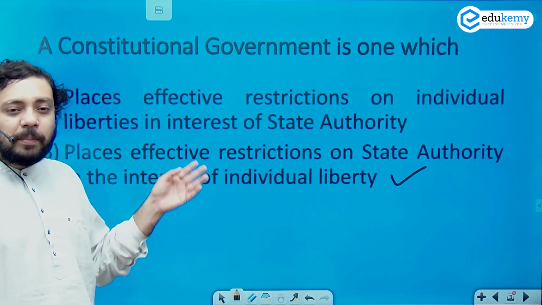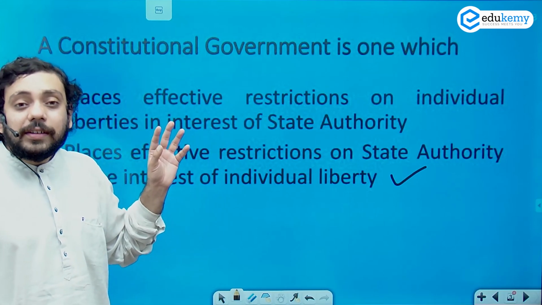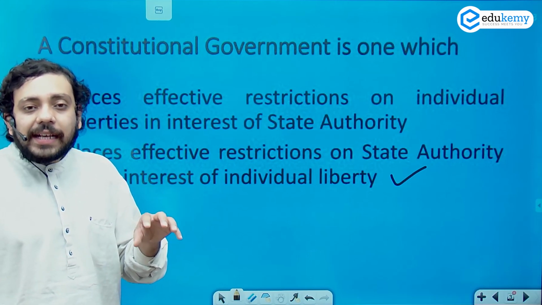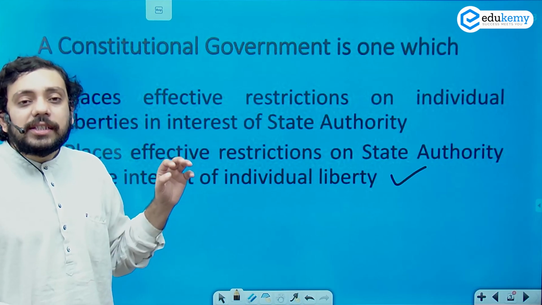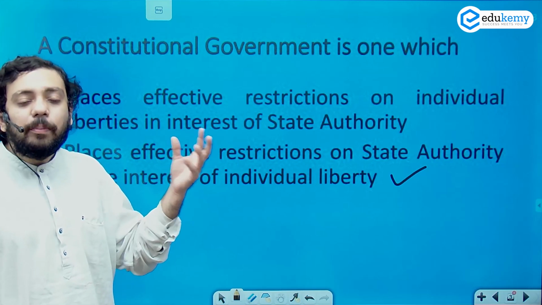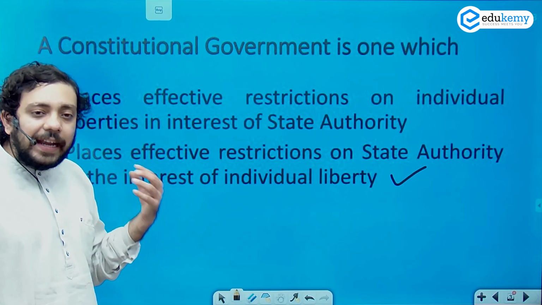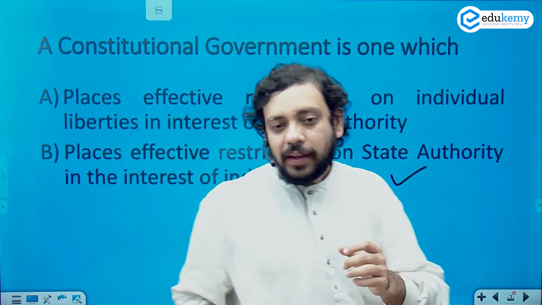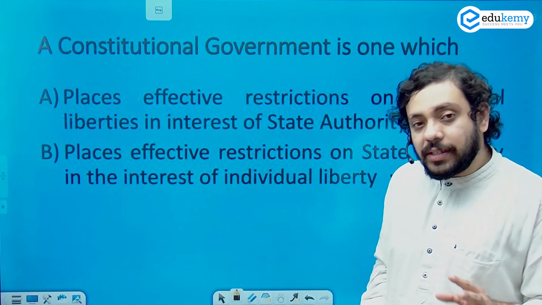So please remember, a constitutional form of government is one that tries to protect the individual from the excessive use of authority and power by a state agency, by a political power occupying the state agency. That is the idea of a constitutional government. This is, I think, pretty clear, and be sure to see a question like this year.